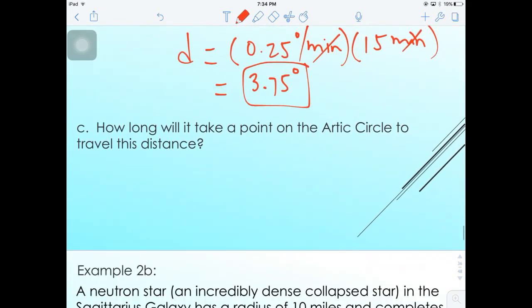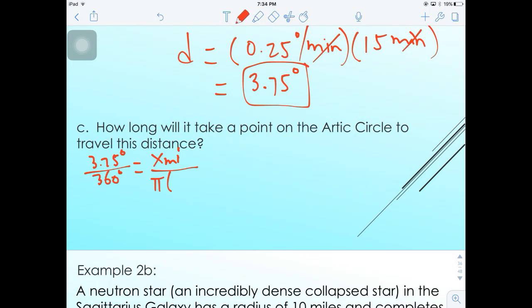So the first part we need to do here is a conversion from the 3.75 degrees compared to 360, the full circle. We take that ratio and set it equal to how many miles that would be compared to the entire circumference, which is 2 pi r, or pi times the diameter.